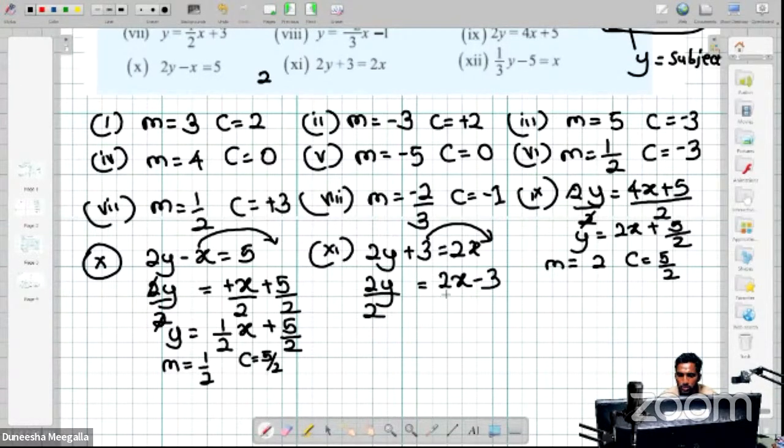We can divide by 2. Both sides can be divided by 2. What is it now? y equals 2 divided by 2, which is 1. Write 1. Then minus 3 divided by 2. What is m equal to?